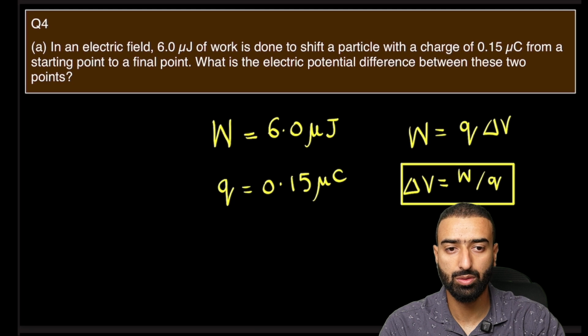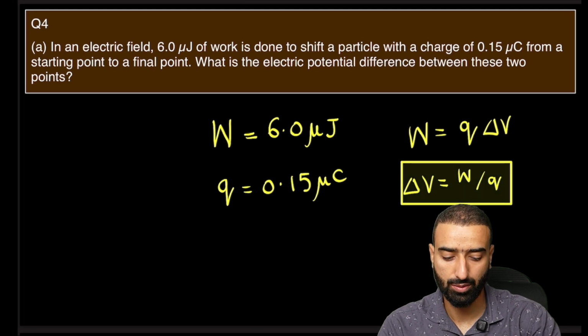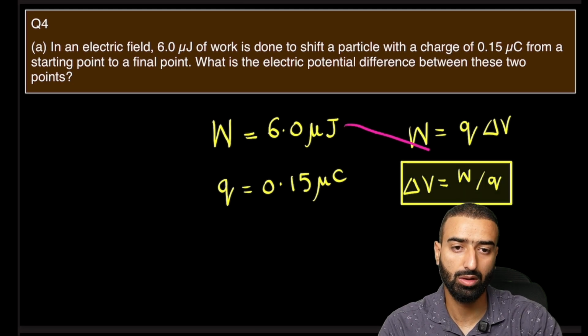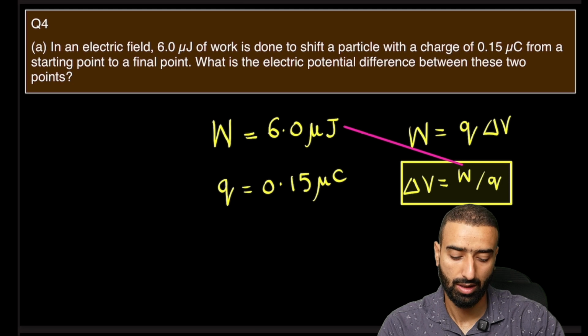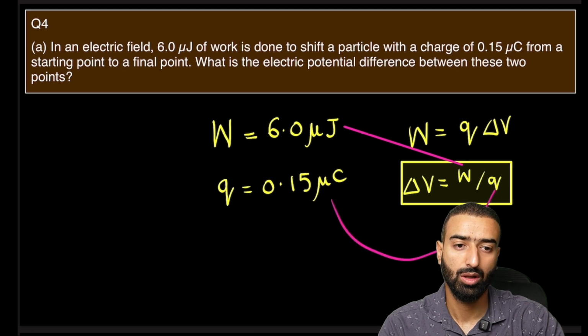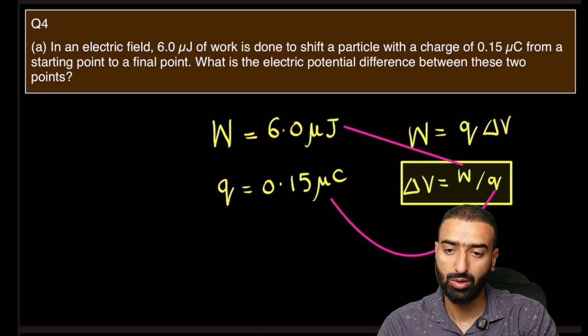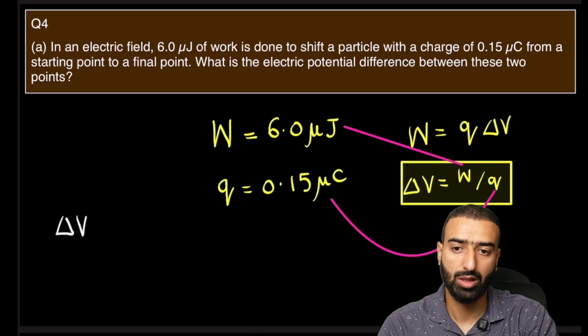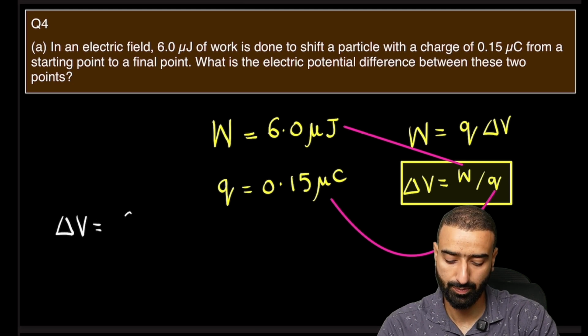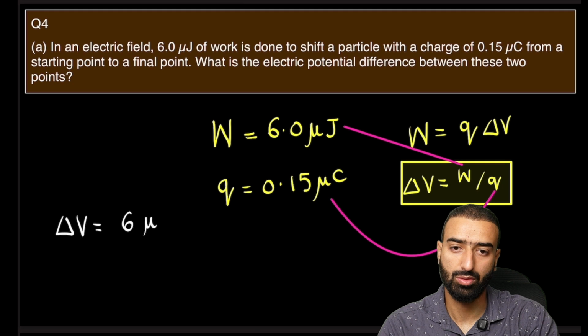Now, all we have to do is to sub in the values. We want to sub in the value for work, that goes here, and we want to sub in the value for the charge. So the potential difference equals work, 6 microjoules, divided by the charge, 0.15 microcoulomb.